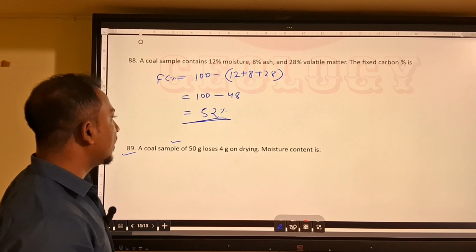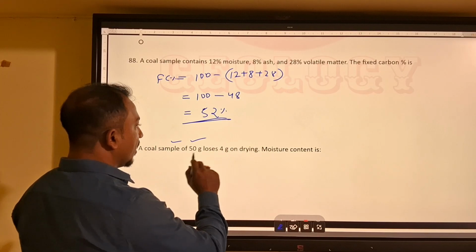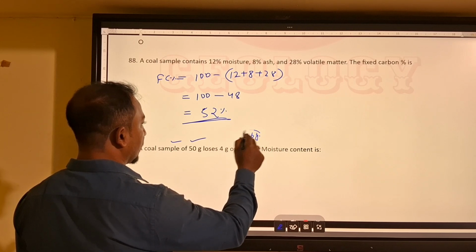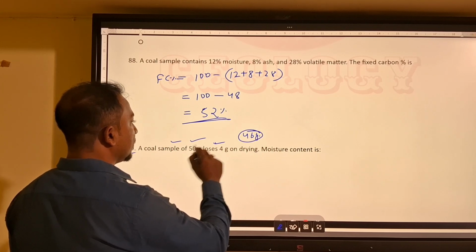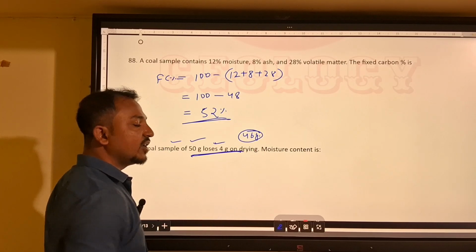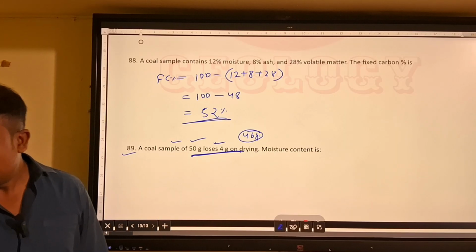Then you can suppose this is a 50 gram coal sample. After drying, weight reduces to 46 gram. So it loses 4 gram. You can calculate from this also, or it can be given straight to you in the question, so it will be easier.